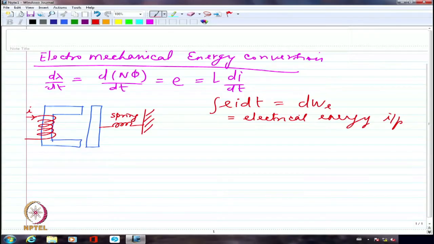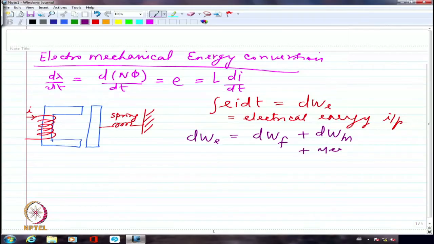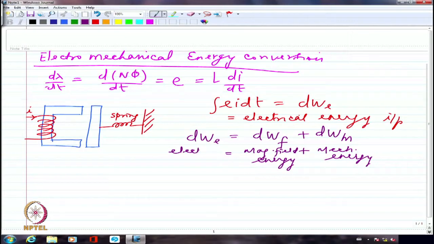So, under general circumstances, dWe equals dWf plus dWm, where this is the mechanical energy, this is the magnetic field energy, and this is the electrical energy.